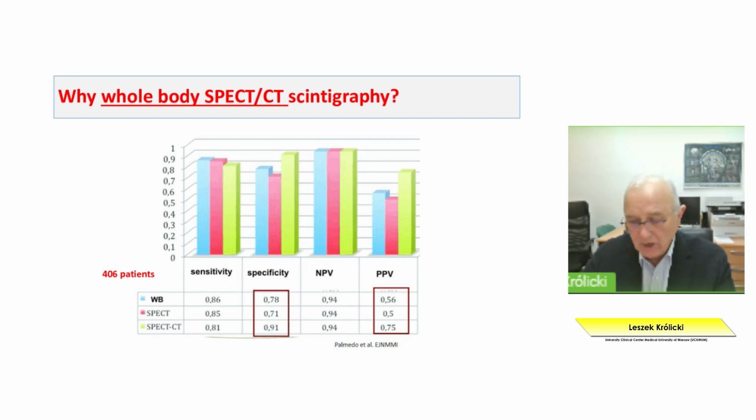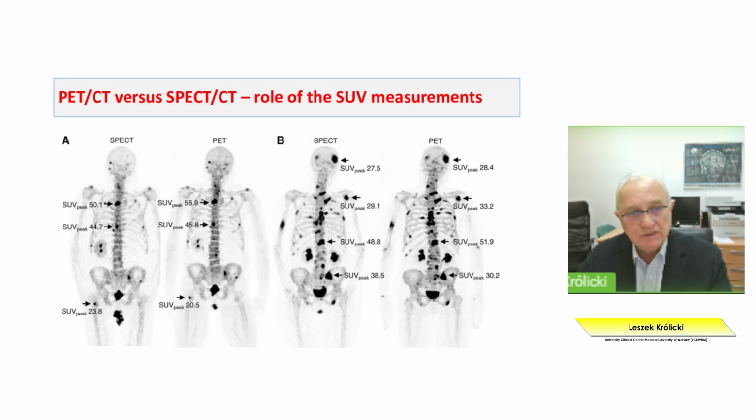So actually, this is not a new research. It was done 10 or 5 years ago. When the methodology of hybrid nature started to be applied, we noticed that this type of examination is much more accurate.